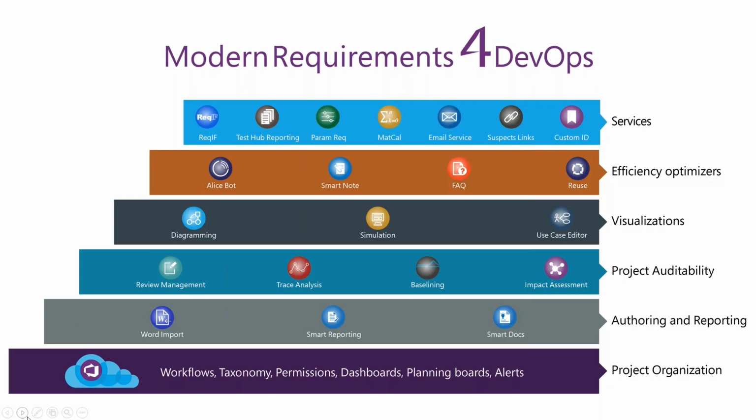And it really helps you to bridge the gap between a document-centric and a digitally managed approach to requirements. And all of the other capabilities shown on this chart can be deployed as needed by your project teams.